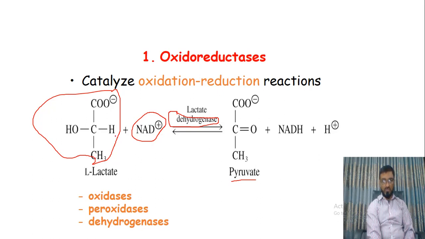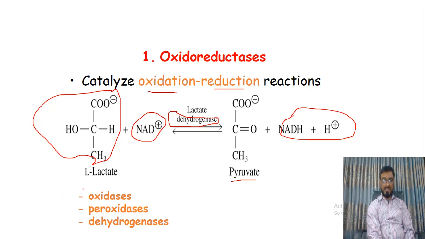After that there will be production of the pyruvate, and originally that was in the reduced form, so now it is in the oxidized form, and this will be in the reduced form. So the dehydrogenases belong to the class of the oxidoreductase, performing the reaction of oxidation and reduction.